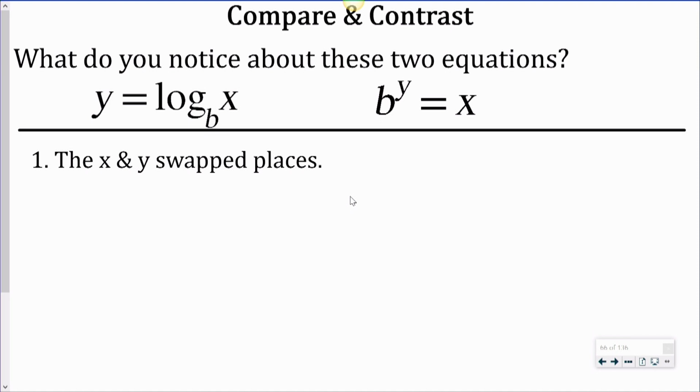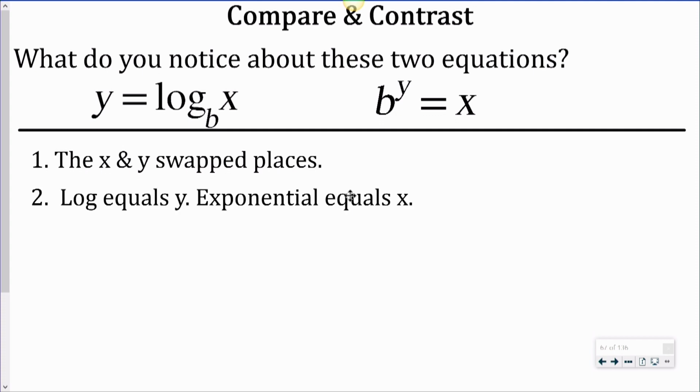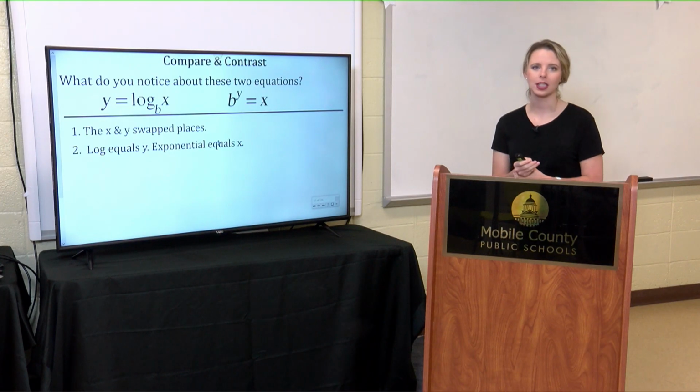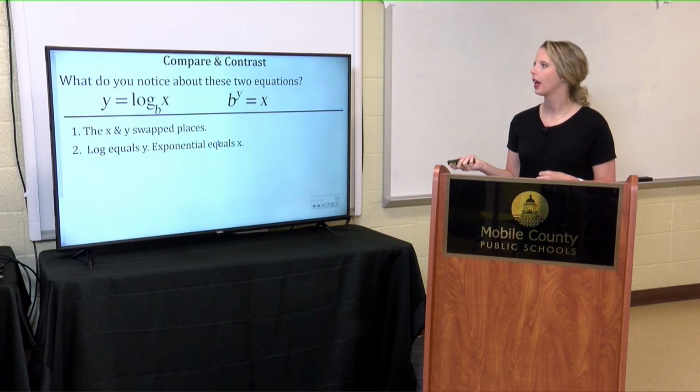The x was originally right next to the b, but now the y is right next to the b. Maybe that was something you noticed. Maybe you noticed that the log equals y, but the exponential equals x, meaning that the y was alone, but now the x is alone. Those are just two. You may have come up with so many different ones, but those are the two that I could predict you have possibly come up with.